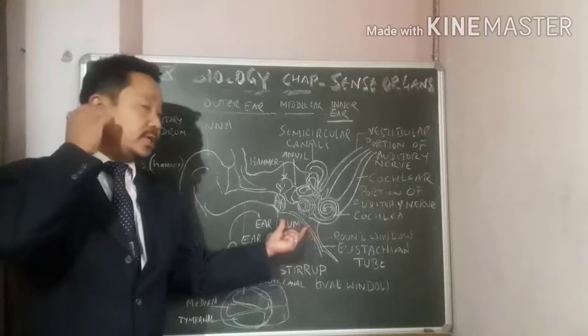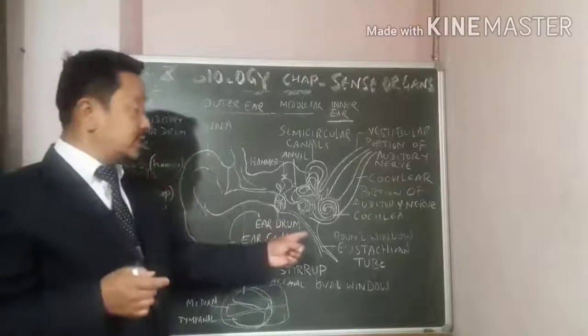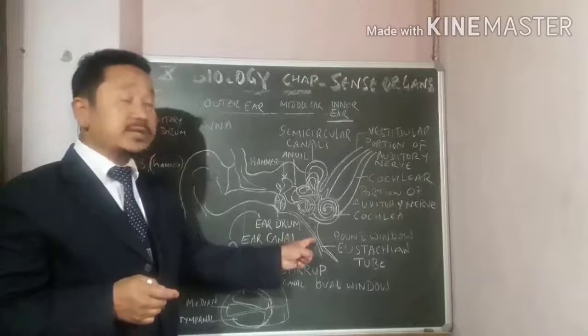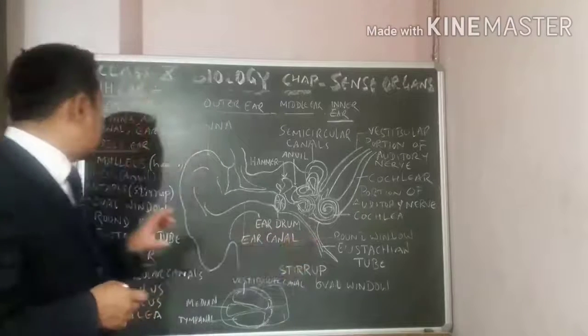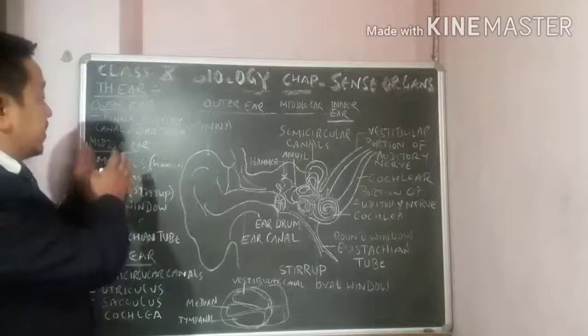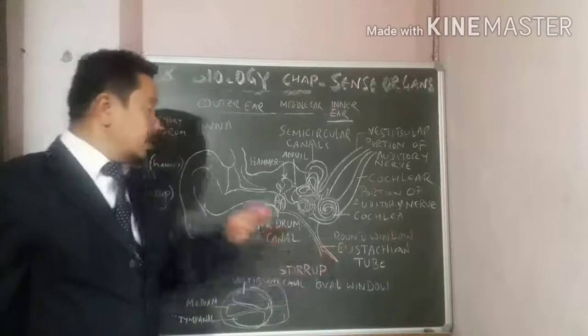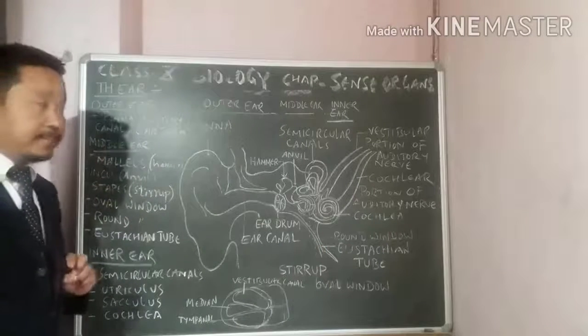That means your ear is connected with your throat also. That connection is done by the Eustachian tube, which is part of your middle ear. So these are the parts of your middle ear.